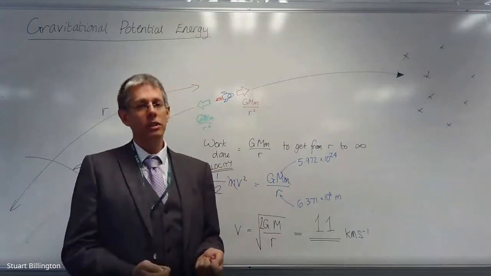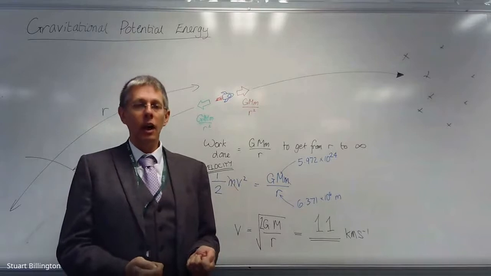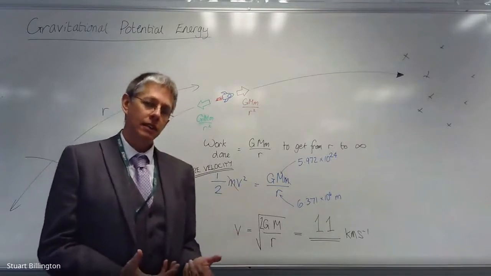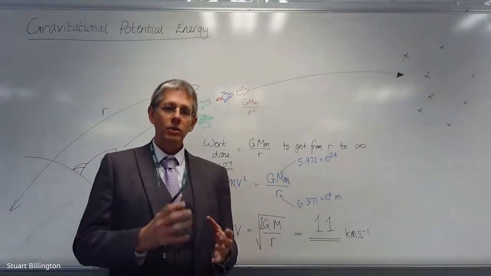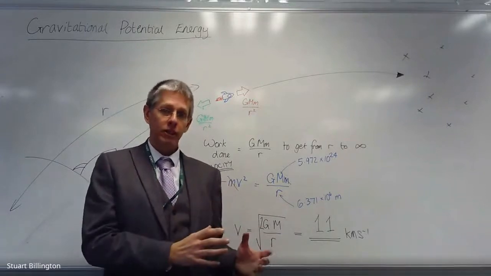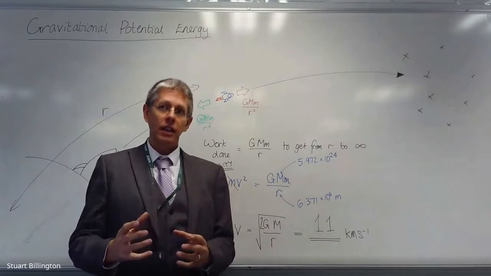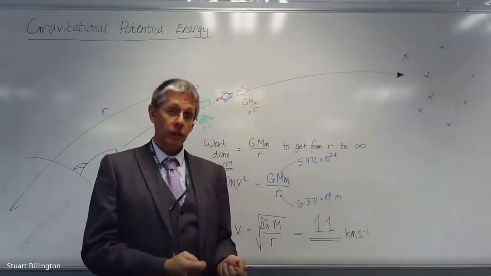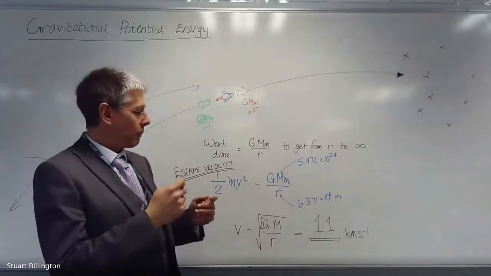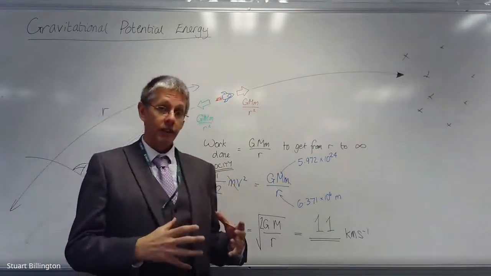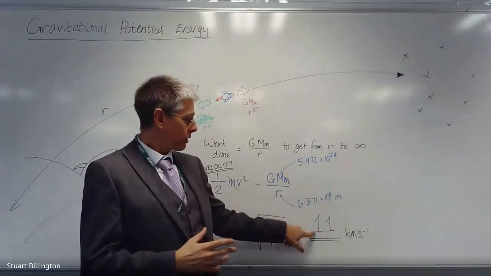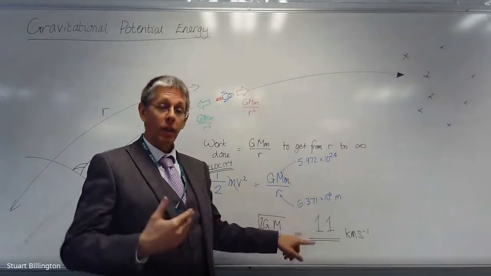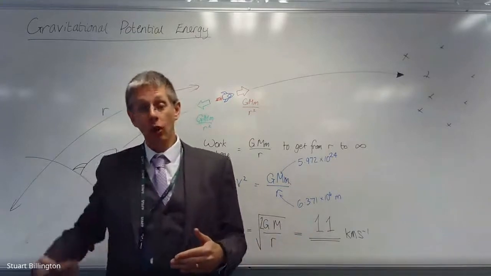Now, you are going to do a topic with Mr. Downing about thermal physics, where you go back to studying gases like you did at GCSE, and you take a look at how the temperature of the gas affects the speed of the gas. And when you do that, you will discover that the temperature of the surface of the planet corresponds to the escape velocity, whether the particles have or have not escaped.